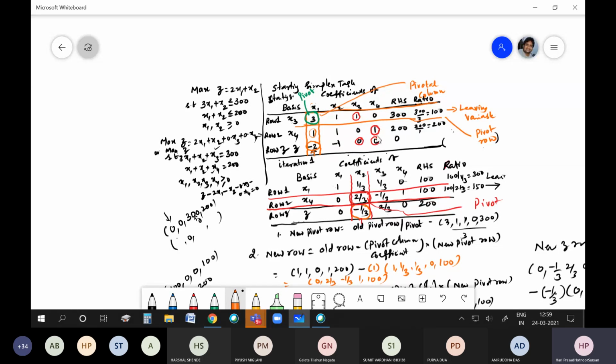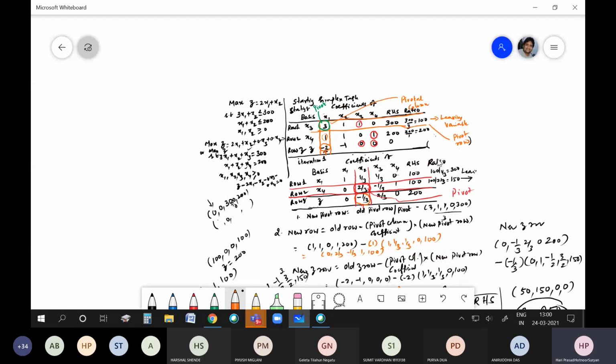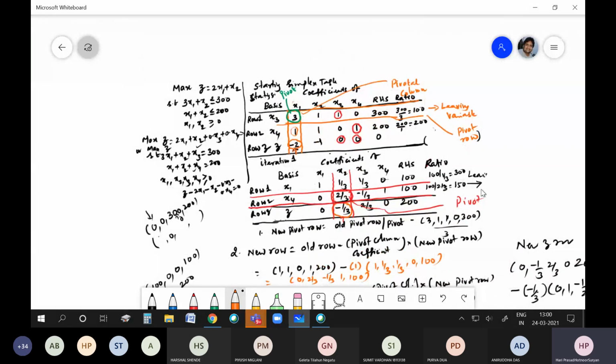And in the Z row the coefficients corresponding to this basic variable should be 0. So we do these transformations when we move from one iteration to the other iteration. First we will be seeing which one has to enter and which one has to leave. So how do we decide which one has to enter?